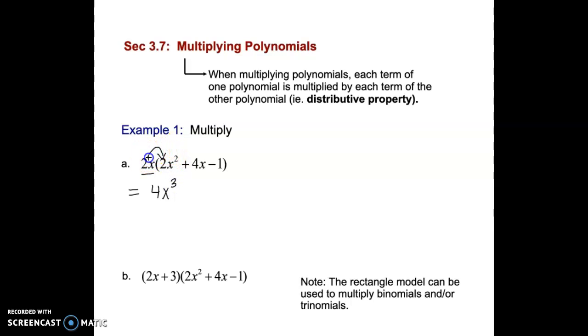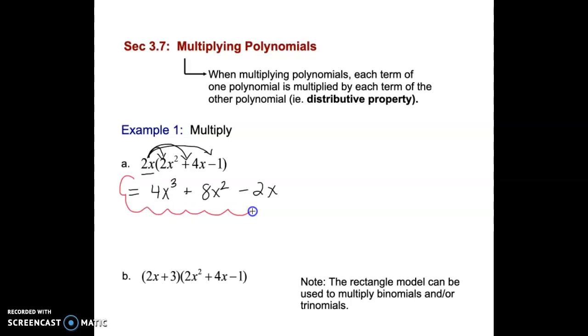Then we take the 2x and multiply it by the positive 4x, which gives positive 8x squared. And lastly, we multiply 2x by the negative 1, and that leaves us with a negative 2x.